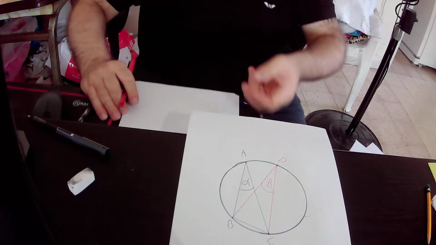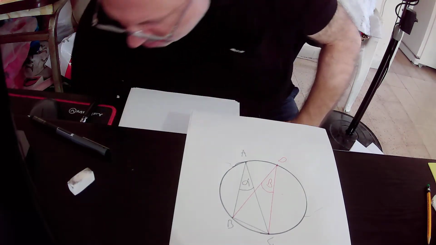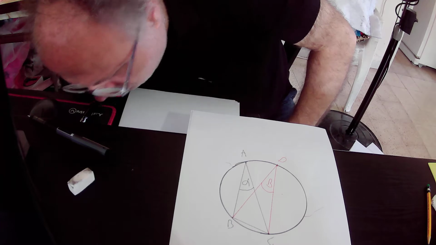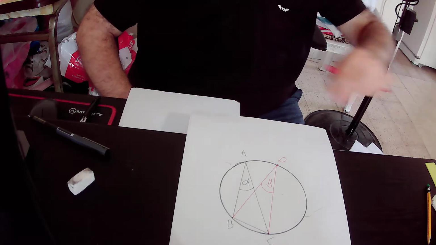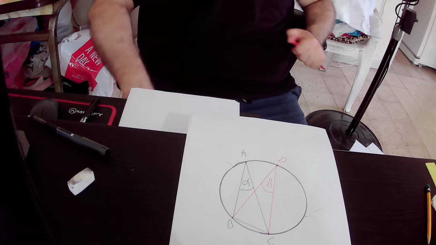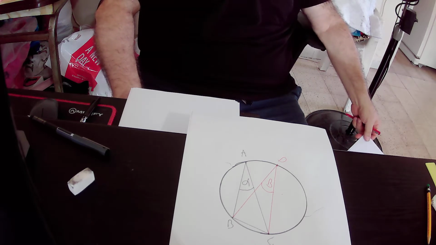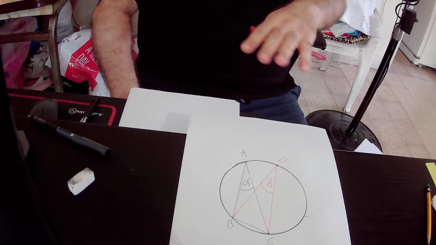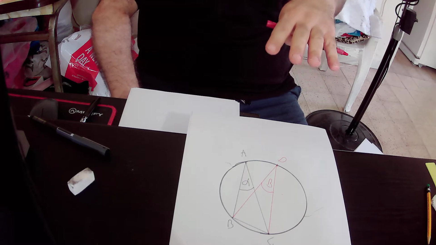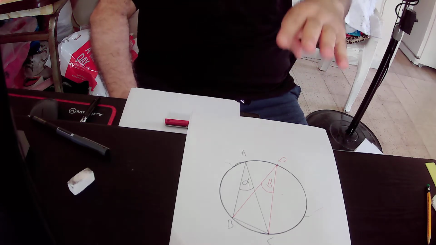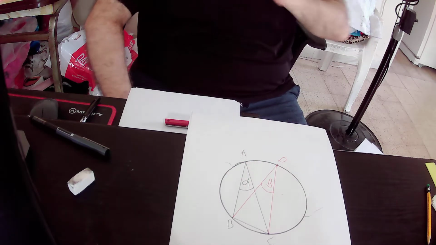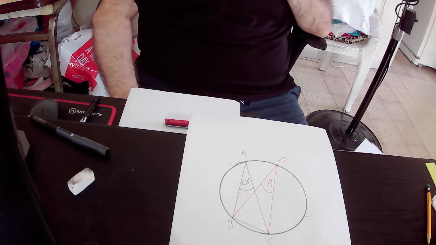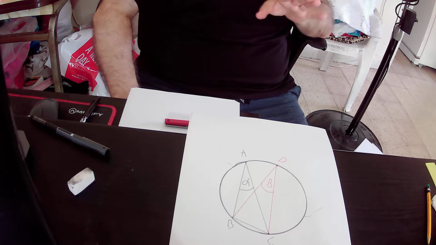So according to rule number 2, because those two angles rest on the same chord, that is to say on chord BC, we can say that they are equal to each other.